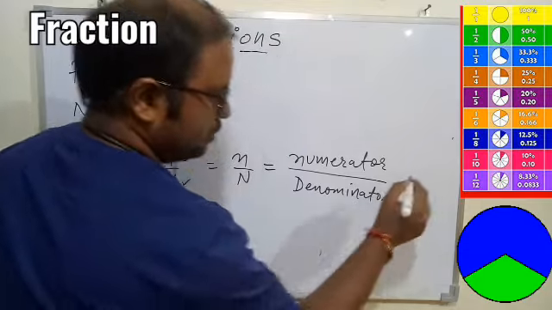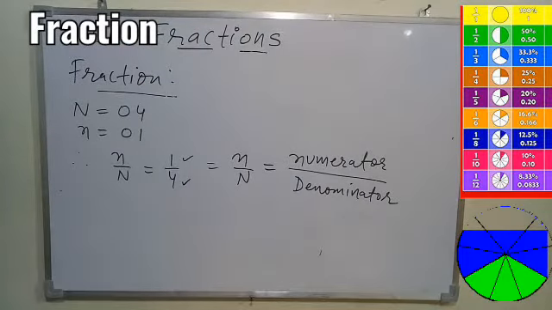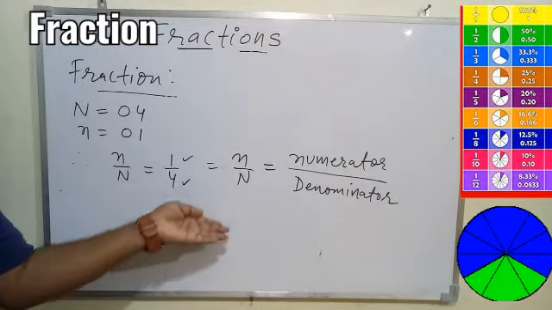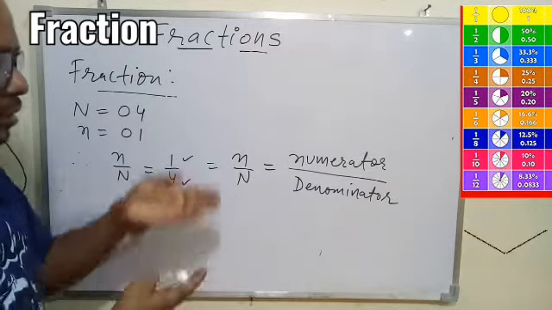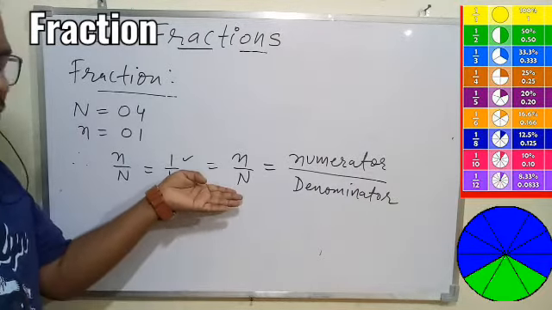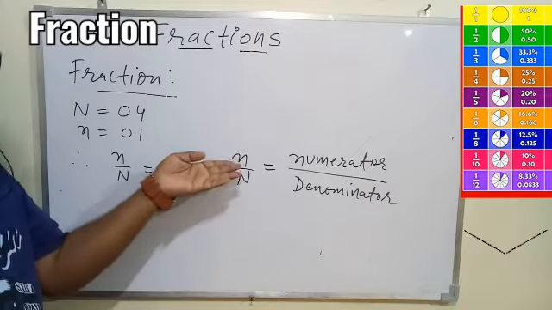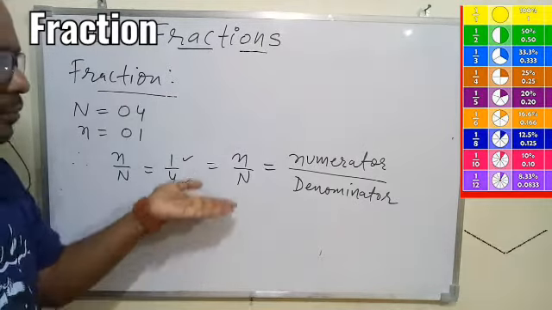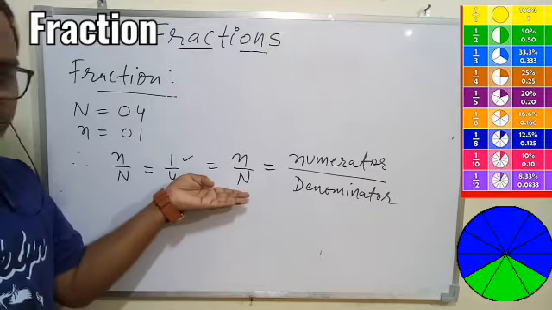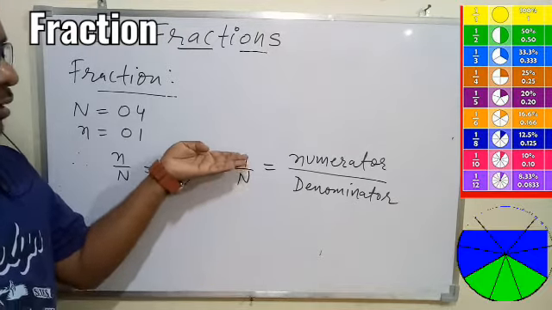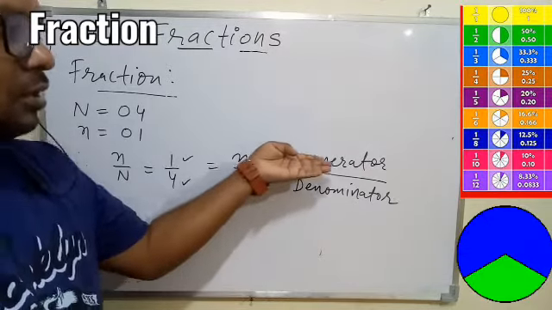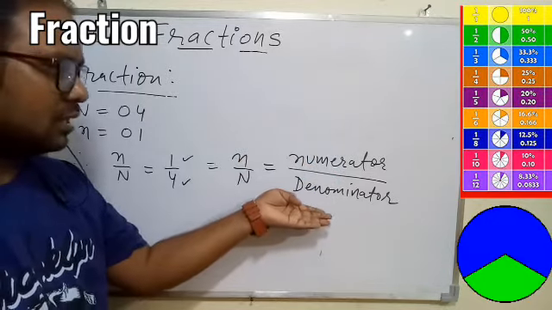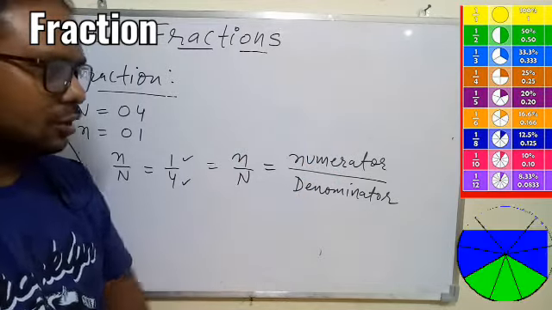So the very first thing we understood is the meaning of a fraction, that it is just a number which is showing you the part of the total number of parts. Here small n is nothing but the parts, which is the part of the total parts, that is called N. So the one which is the small part is called the numerator, written at the top, and the one which is the total part is written at the bottom, which is also called the denominator.